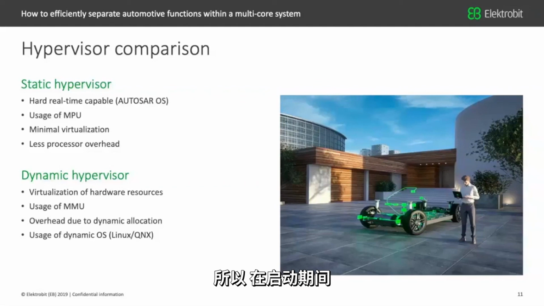During the startup time, I need to do the normal initialization anyway, so I don't lose any time. And there is no active component running in the background doing scheduling or something like that within the static hypervisor.